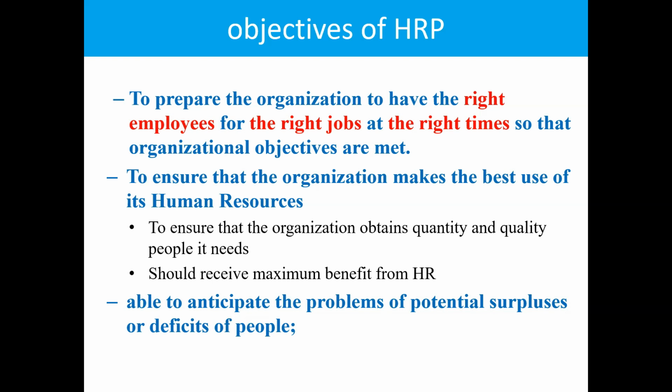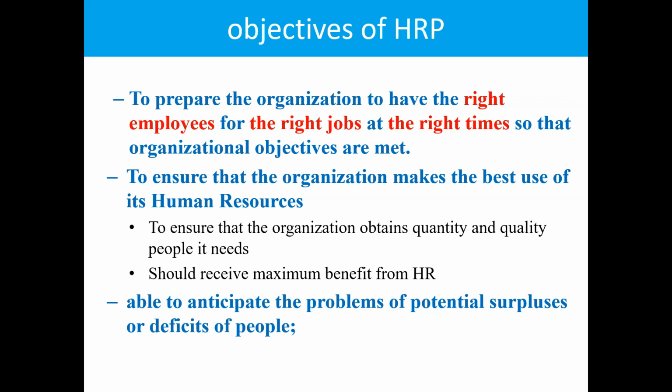So then again, cost. Excess is a cost and shortage is a cost. When we have a balance of people, then we can maintain the employees properly, and we can have the business functioning smoothly. So to ensure that the organization makes the best use of its human resources is the other objective.